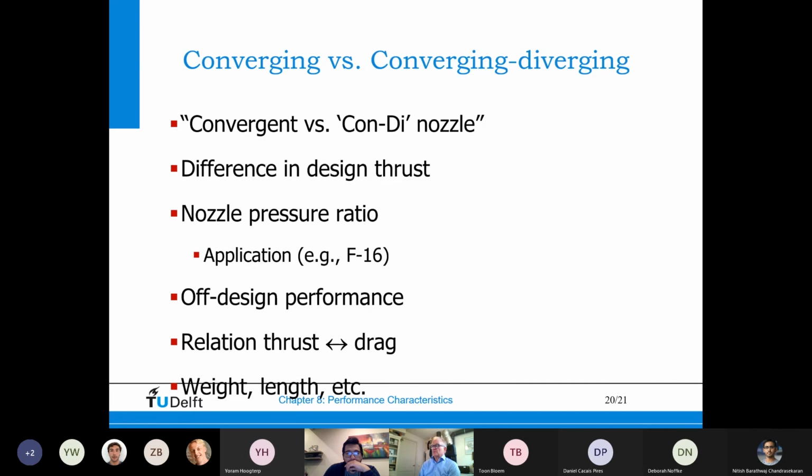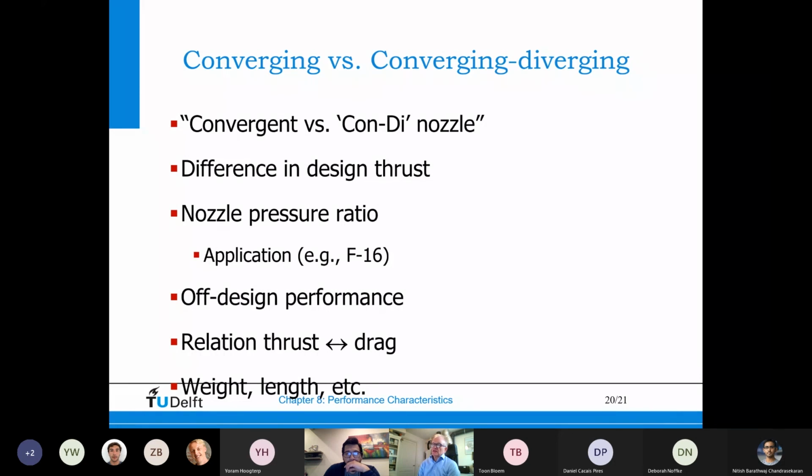They don't have a divergent part, and that is because their pressure ratios are at most a little bit supercritical, for example at cruise. So there's no point in adding a divergent part to the nozzles of a civil turbofan, because there's hardly any pressure left to guide supersonic expansion.